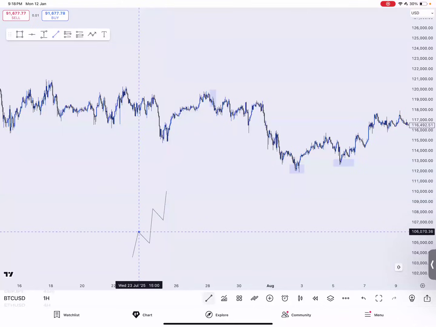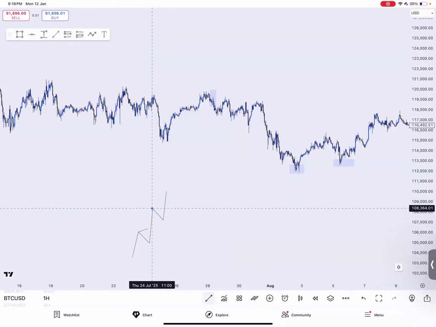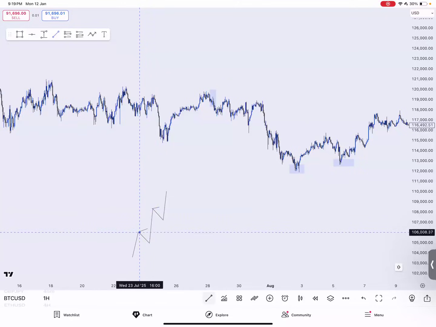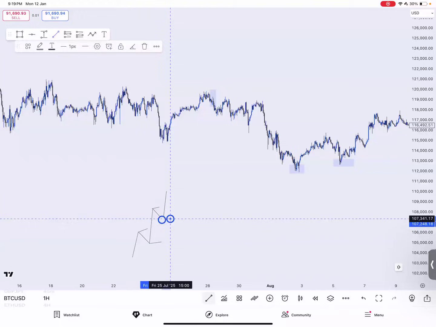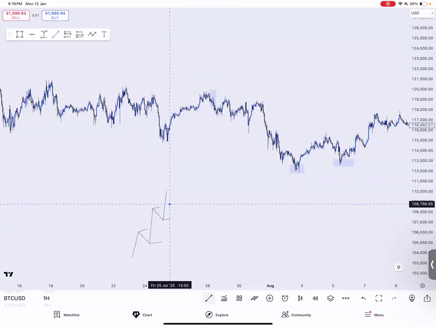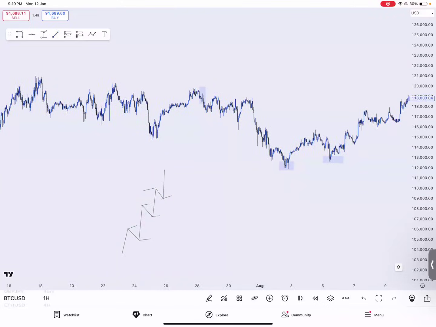Notice how this high and this high are not on the same level. This current one is higher than the previous one. And this low and this low are also not on the same level. Each low is higher than the previous one. This high and then this high won't be on the same level either, and the low here will also be higher than the previous one. This is what makes up an uptrend.